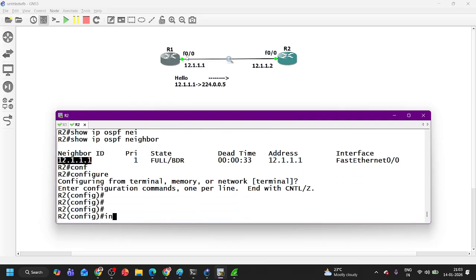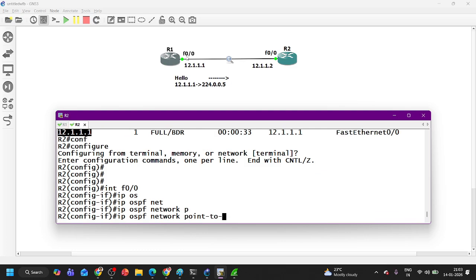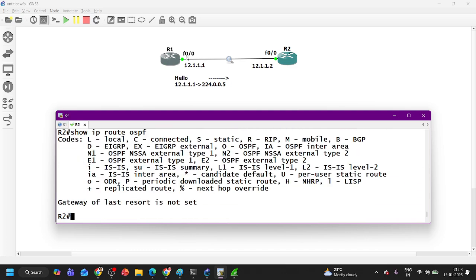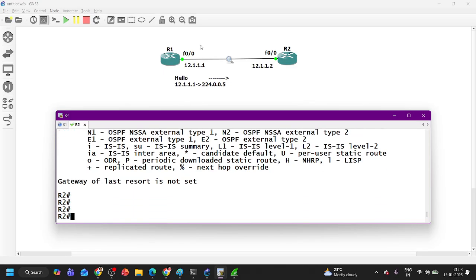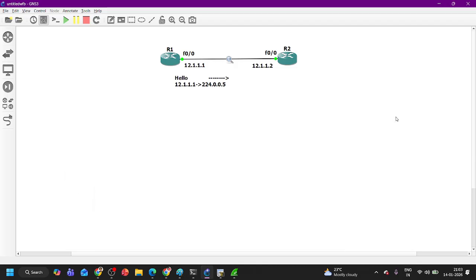Here if I change the network type again on F0/0, ip ospf network point-to-point, then you can check the routing table again. So show IP route OSPF, now you can see it will install the 10 subnet. You can see 10.1.1 is installed in the routing table also, right? So network type should also be the same.